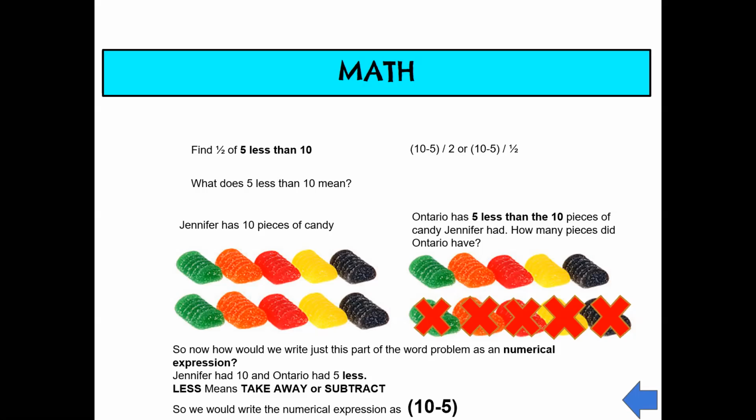So hopefully that clears up the misunderstanding that I see some students have with understanding what less than means, and how we have to make sure that we read it and interpret it in a way that really shows that I have something and then I'm taking away from those pieces that I have. If you actually wrote it as 5 minus 10, then it would be a negative number.